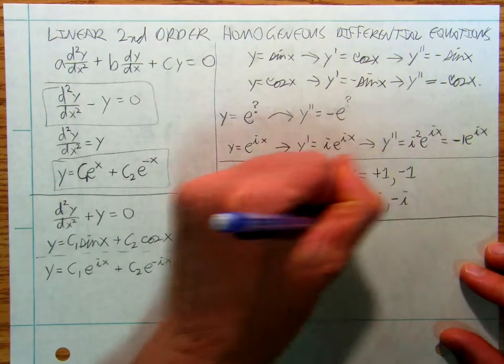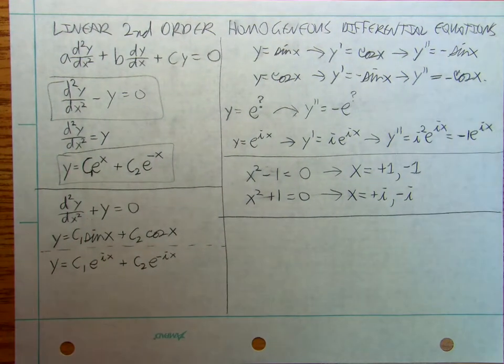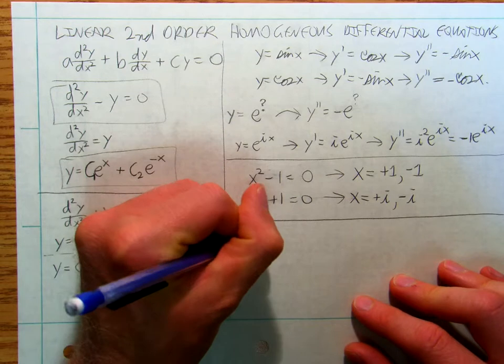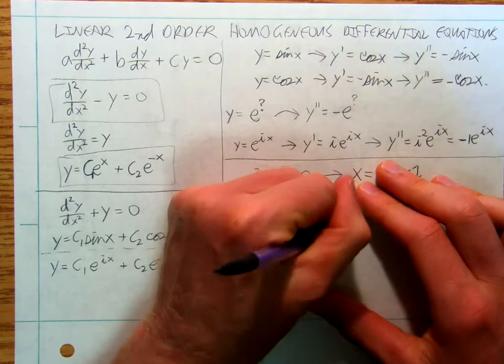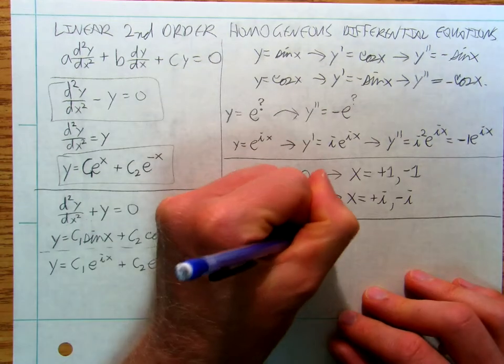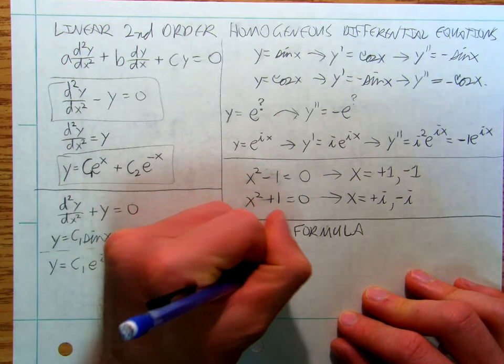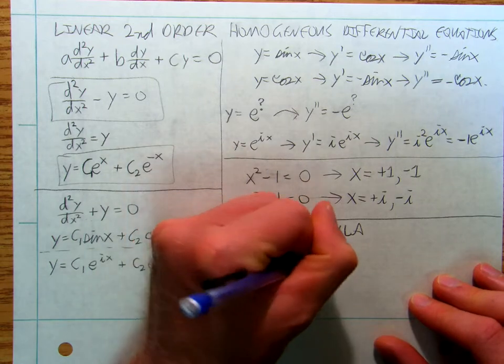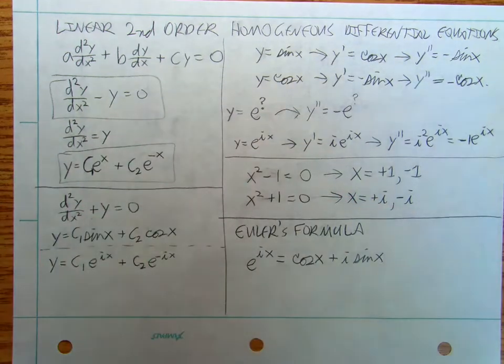Okay, and then the last thing that I want to say on this page, this is a long involved video, but before I move on to some specific information, is that e to the ix is equal to cosine x plus i sine x.